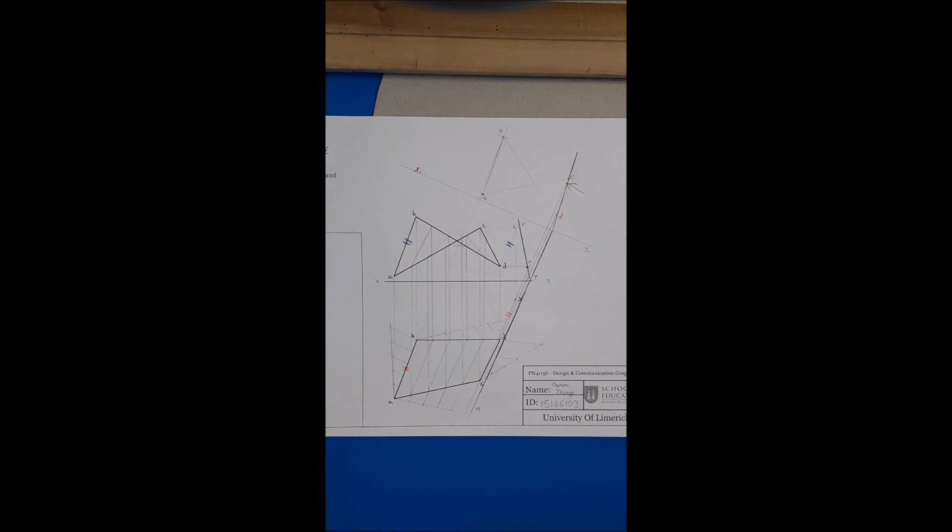So we have the point D in plan and elevation. Then we have to find the horizontal trace, and we require the vertical trace. I'm just going to do a quick sketch here on the side, a little thumbnail sketch, of how we would go about creating that.